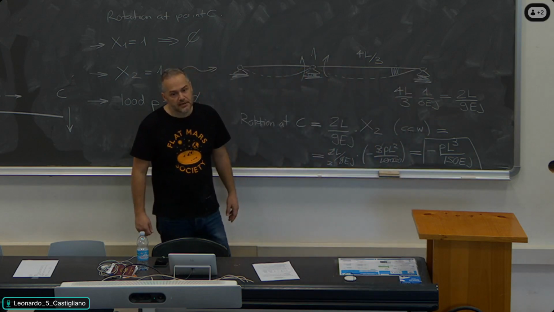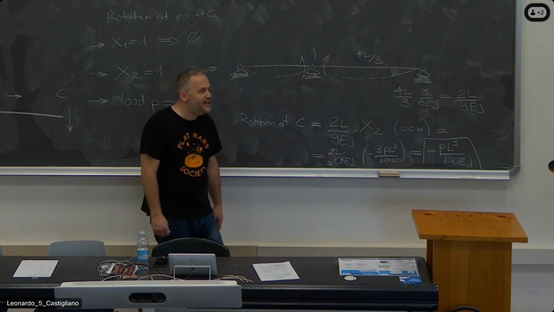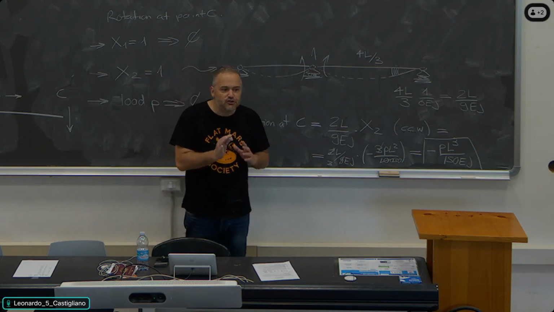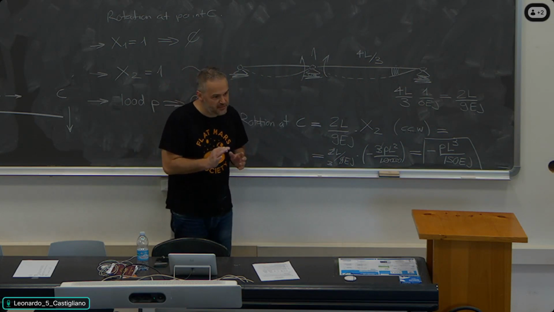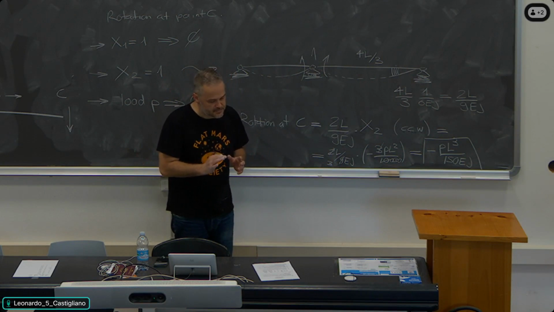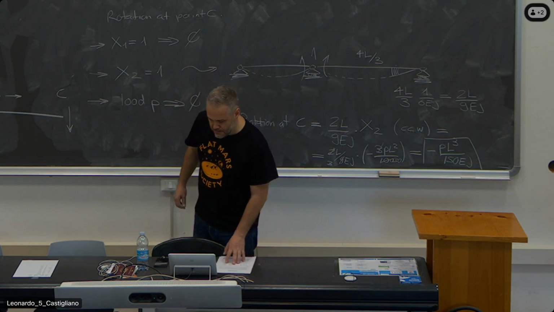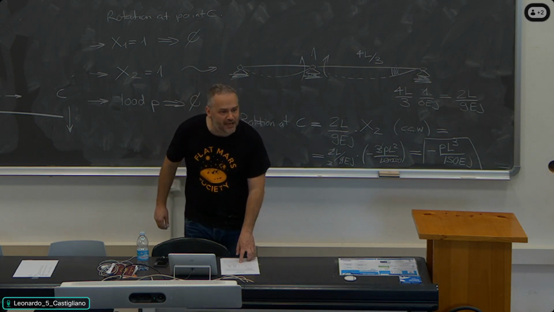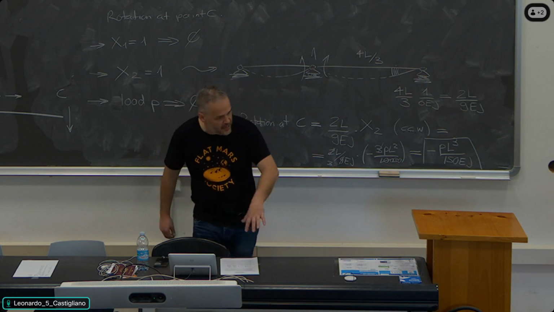Okay? If you tell me it's a minus PL to the power of 3 divided by 150 counterclockwise, I'm not so sure that you understood. Okay? So when I say I want the sign, I don't mean minus or plus. I mean clockwise, counterclockwise.